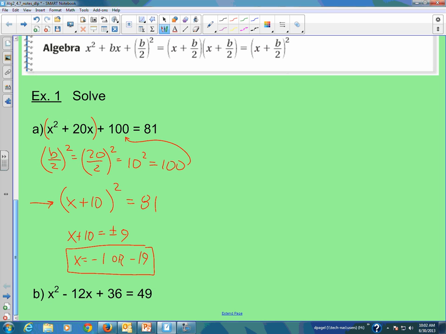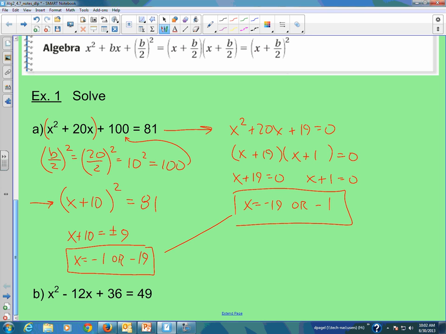Now, had I not done any completing the square and simply moved that 81 to the other side, and then I factored this, and then used the zero product property, I would have found the same solutions that we found when it was set up in a completing the square fashion.